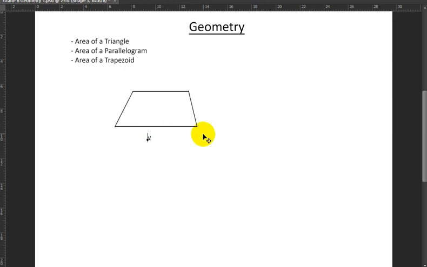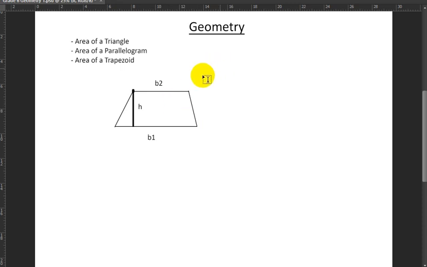We're going to call them B1, as in base 1, and B2. But again, like before, we're also going to need the height of the trapezoid, which we find by going to one of the top corners and measuring the distance from that point to the opposite base. This, again, is the height of the trapezoid.